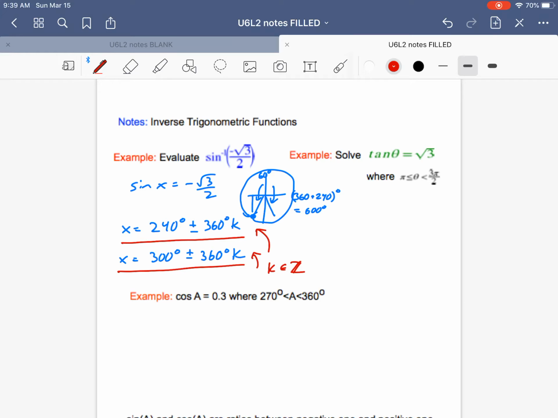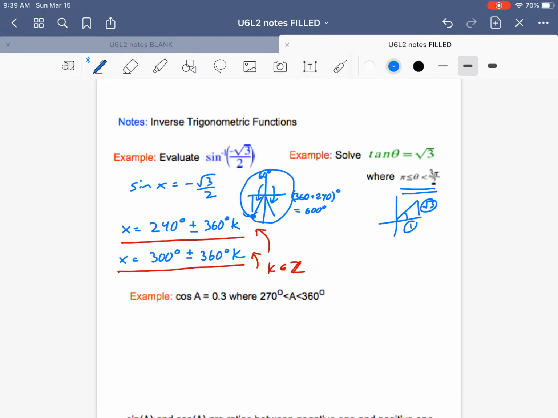Second one, solve tan of theta equals root 3. So if tan of theta equals root 3, then really I want some angle where the ratio of the opposite to the adjacent is root 3. All right, that's going to happen, and I'm in radians now.